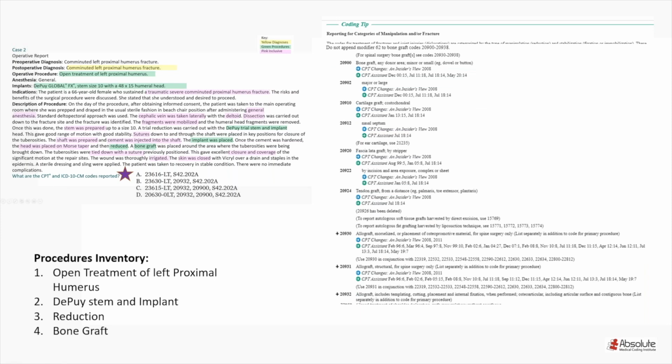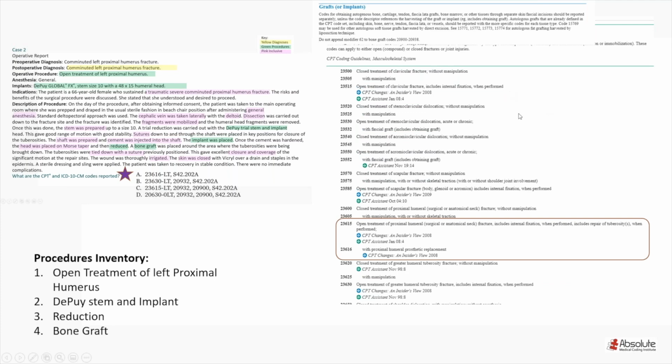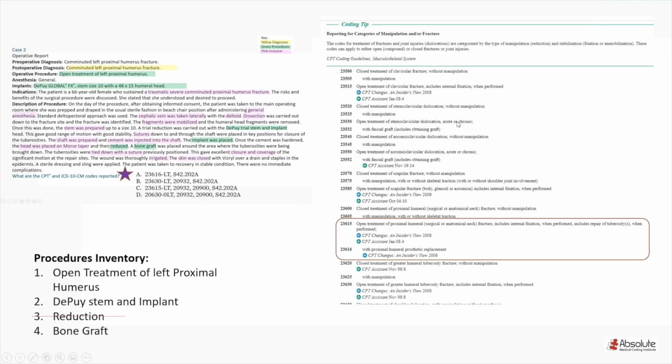So if they had to put some bone graft in, it's going to be bundled. So I encourage you to read your grafts or implants so that you know that often when you're coding for an implant, you do not have to code additionally for a bone graft. So just thought I would give you that. Now let's look at our families here.